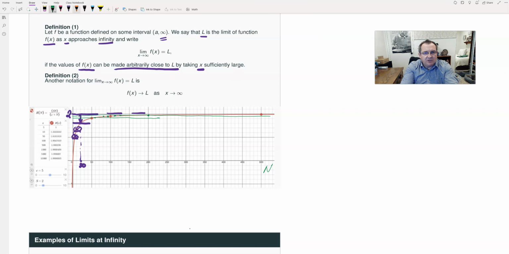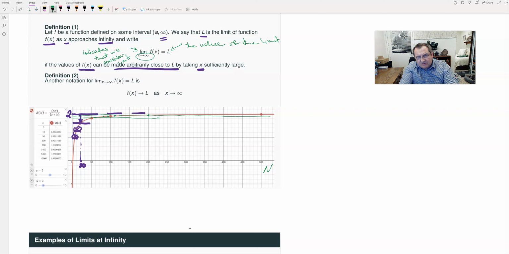Let me go over the notations a little bit. In particular, the word limit indicates that we consider the limit of the function. L is the value of the limit.